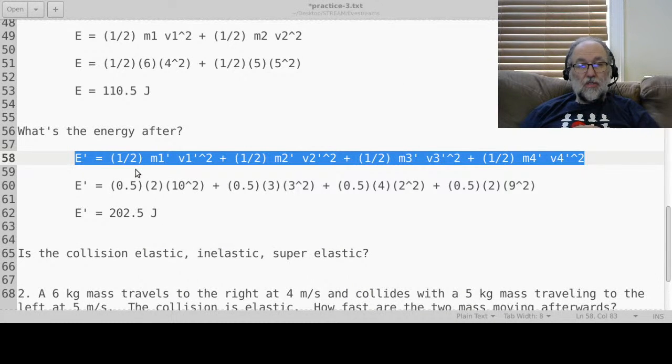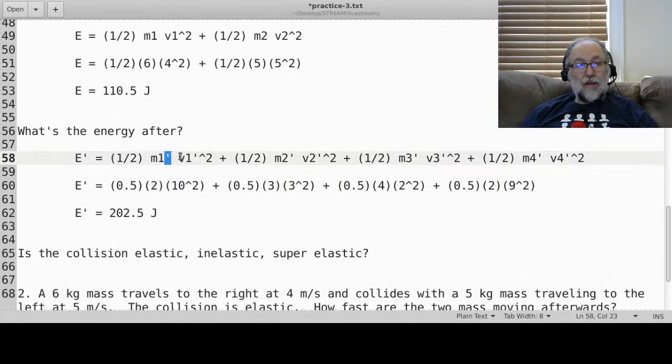So as you can see, you can see 1/2 mv squared, but for all of the pieces now. And also the primes in there, like this prime there and that prime there, because after, okay? And so substituting in, I have a 2 kilogram piece traveling at 10 meters per second, negative, but the negative sign drops, okay?